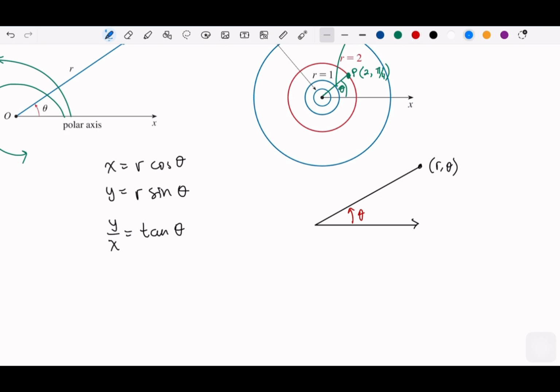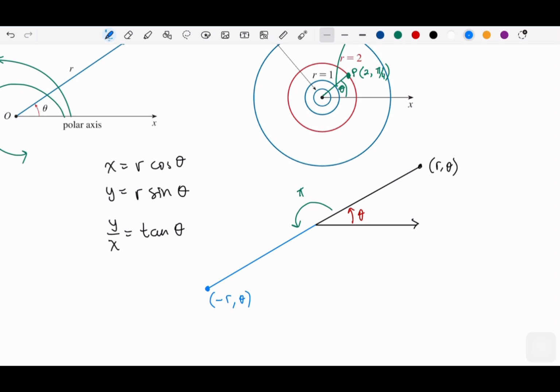Then the other angle here is such that the difference between these two will be pi, so the whole angle will be theta plus pi. This is the negative. If there is no negative, the point should be here, but since it's negative, I should go here, with the plus pi.